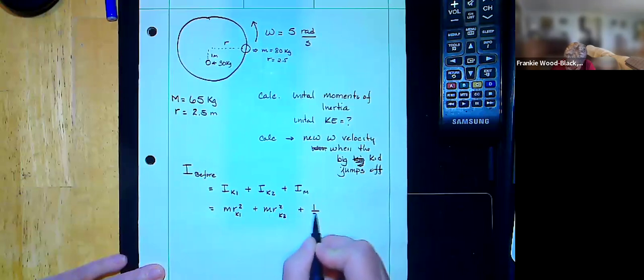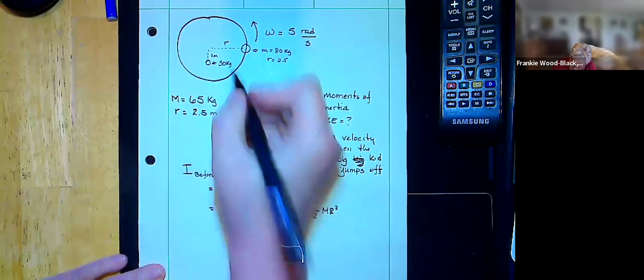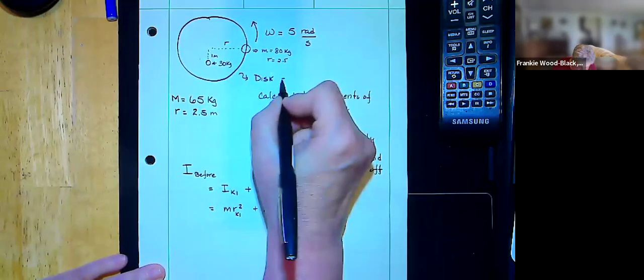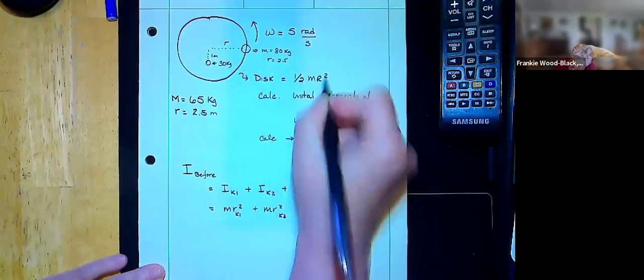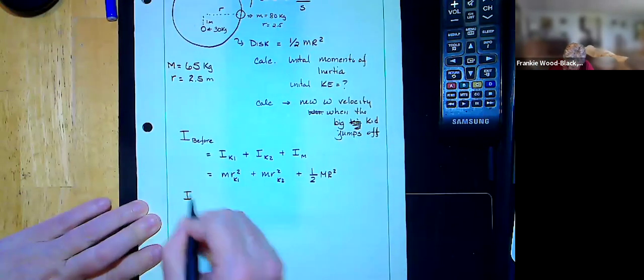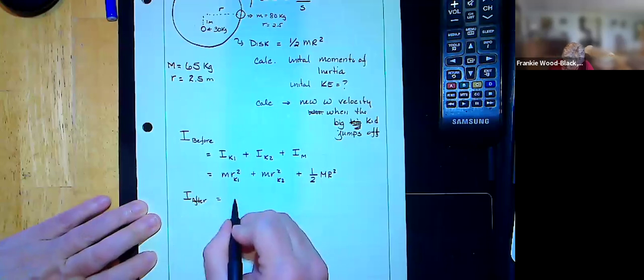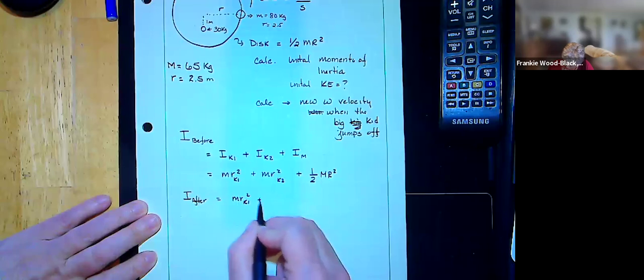And this will be 1/2 mr squared because our merry-go-round is going to act like a disc, and for a disc it's 1/2 mr squared. And then we'll calculate the moment of inertia after, and that's going to be kid 1 plus the disc.